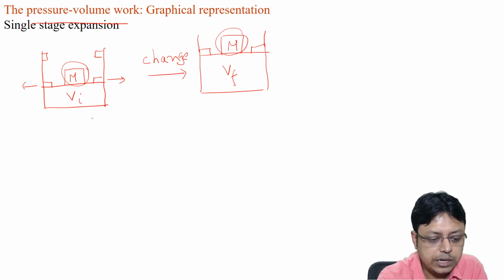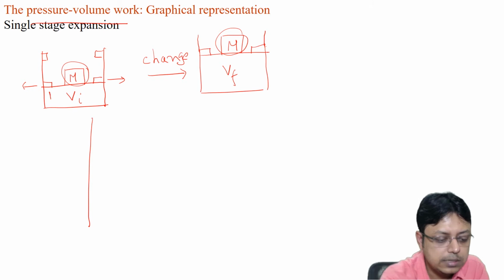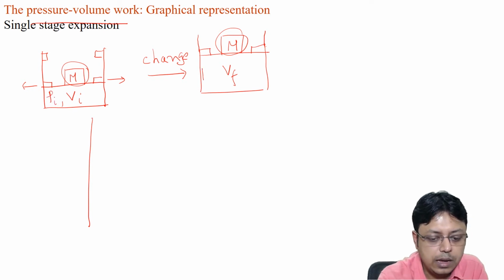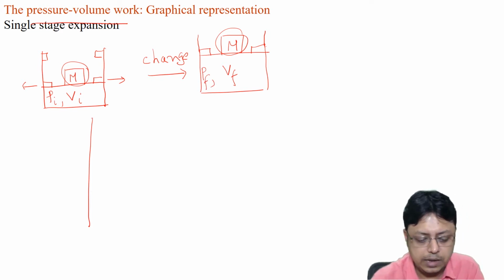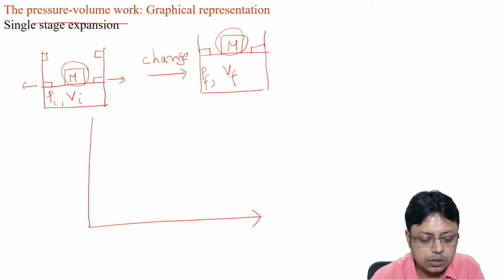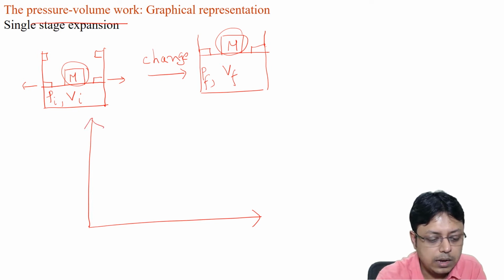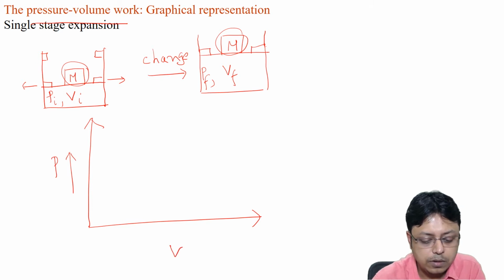Now initially, suppose the system had a pressure Pi and Vi, and then finally we are calling it Pf and Vf. So let us try to draw an isotherm, pressure versus volume, for a constant temperature.